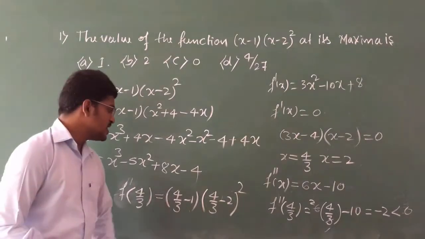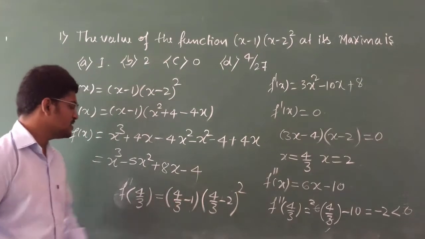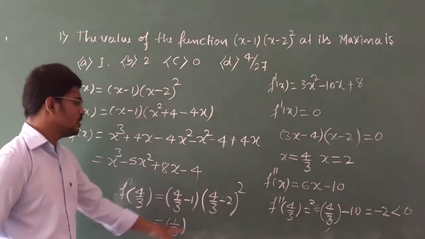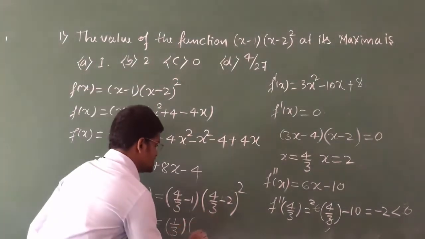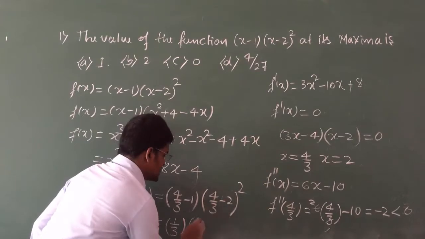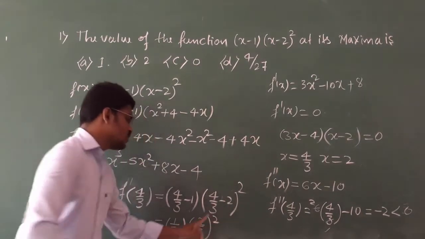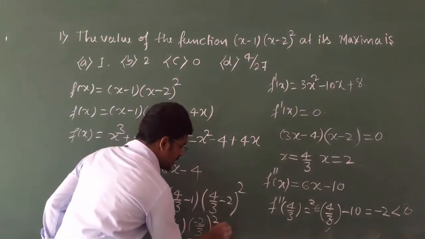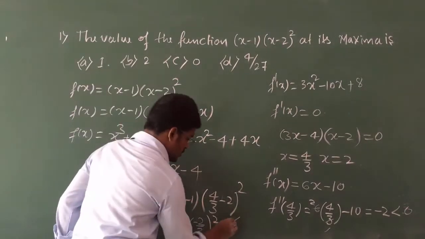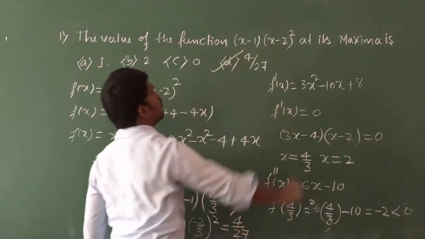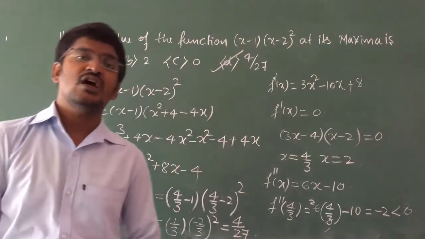So you simplify this. 4 minus 3, 1 by 3, into this is 4 minus 6, minus 2 by 3. Make a square of this, and if you simplify, it will be 4 by 27. So option D will be your answer.